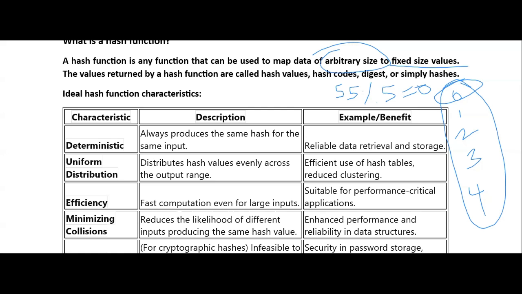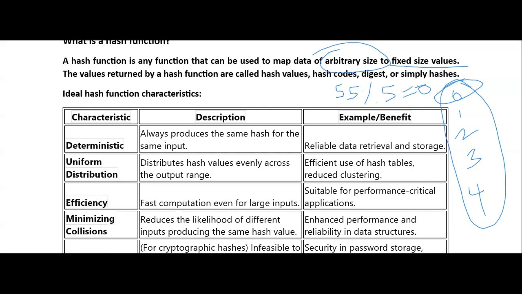The next characteristic is uniform distribution. It distributes hash values evenly across the output range, so that no clustering forms. If it's not distributing the hash values uniformly across the table, there is a tendency that all the values get accumulated at a particular position. Say I have a hash table of size 50, and the indexes are from 0 to 49.